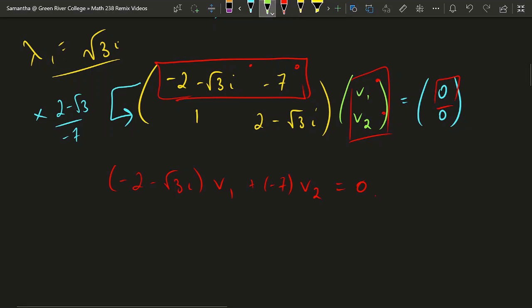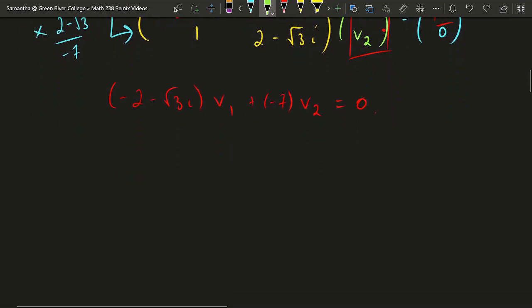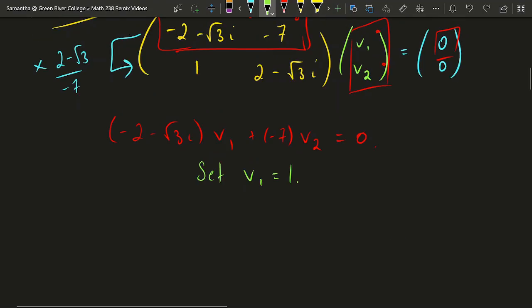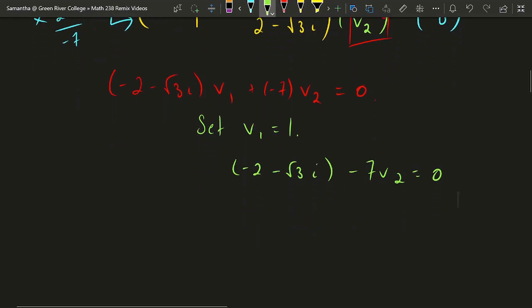Now, just as last time, there is a cheap and easy way to find a vector v1 and v2 that satisfies this equation. The cheap and easy way is just to set v1 equal to 1 and then force v2 to compensate. So if v1 is equal to 1, and I plug that back into this equation, that tells me that v2 must satisfy this equation.